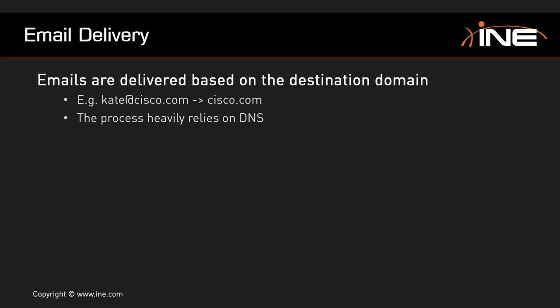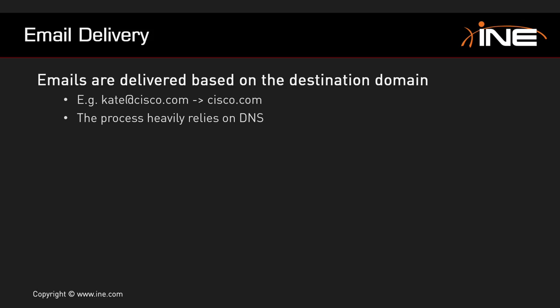When your email application configured with an IP address of an SMTP server sends a message to this server, it is going to cause the server to perform name resolution on the destination domain from the envelope recipient, looking for information about the email server responsible for this particular domain.